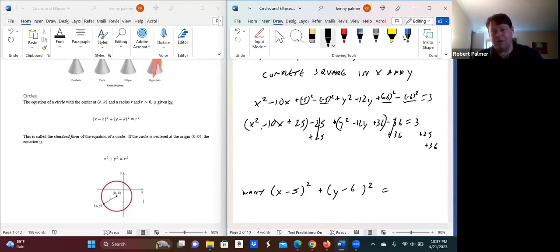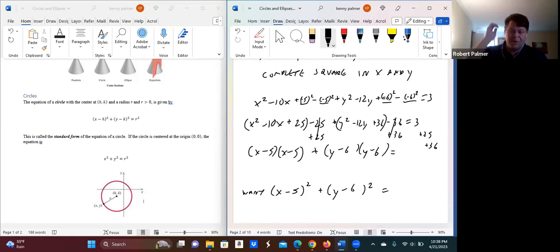And so now if we factor this, we find this is x minus 5 times x minus 5 plus, and if we factor this, we'd find it's y minus 6 times y minus 6. And that's equal, if we add all these up, to 3 plus 25 is 28, and plus 36, I believe, should be 64.